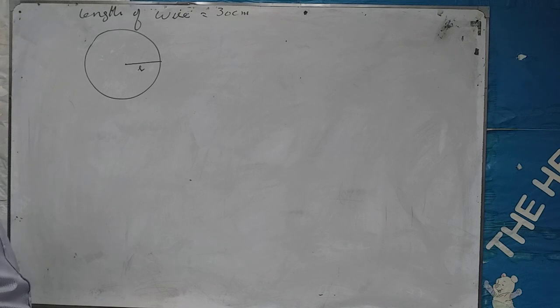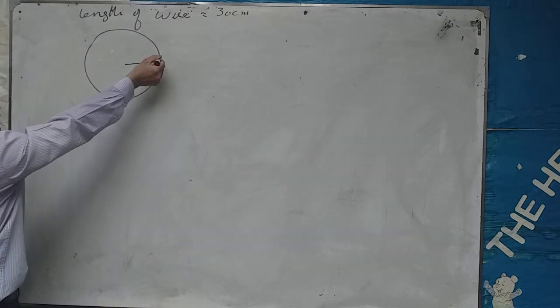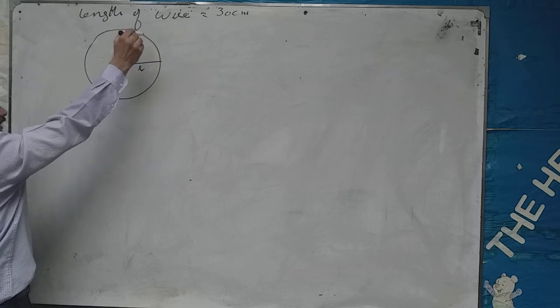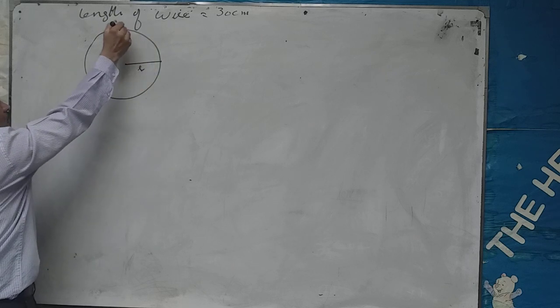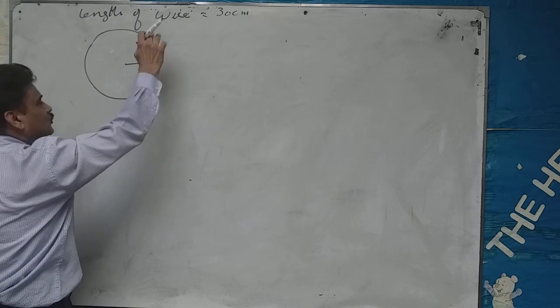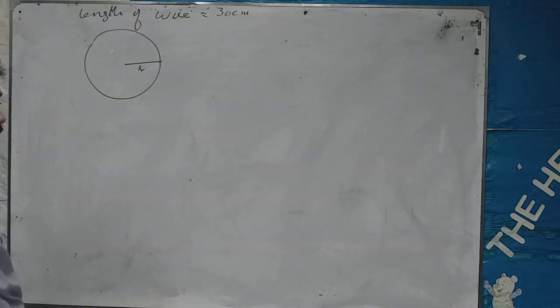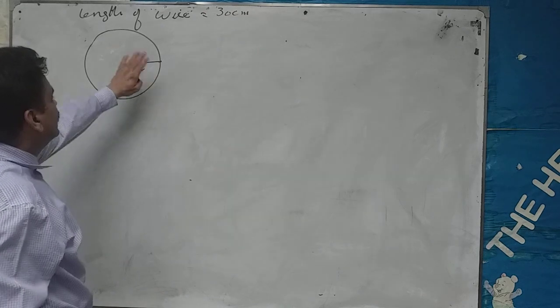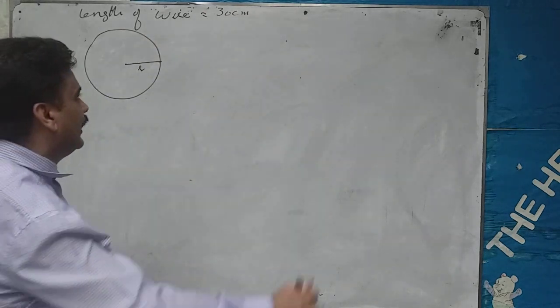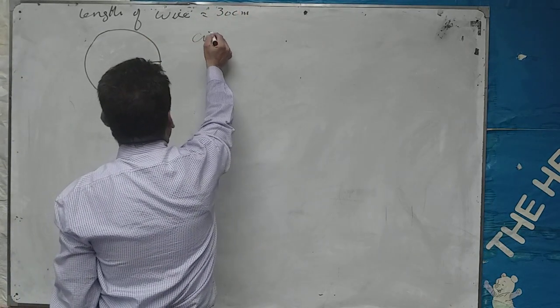If we have a circle of radius r, we can easily find the total circumference, the total length from this point to its last point. The circumference of a circle is always equal to 2 pi r.